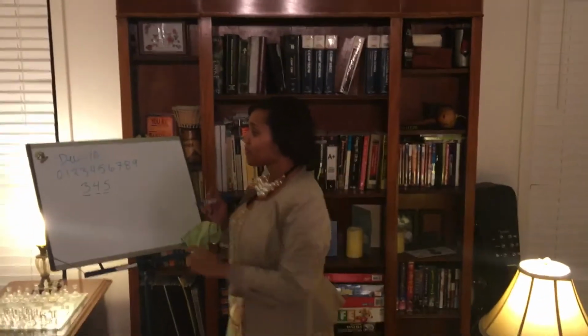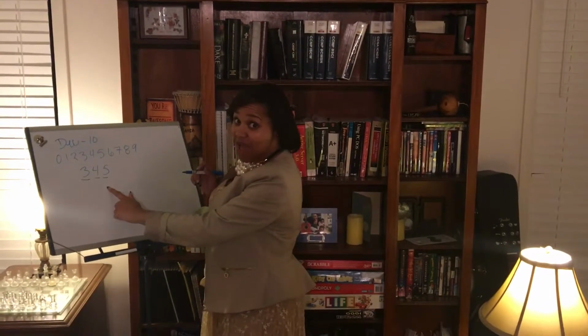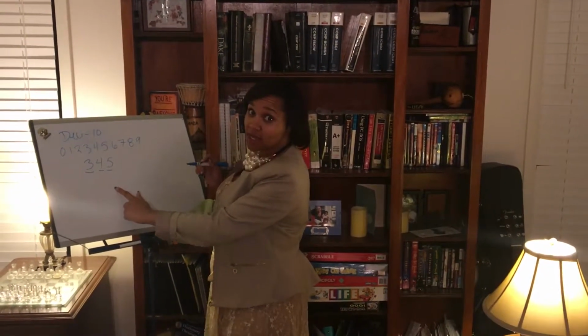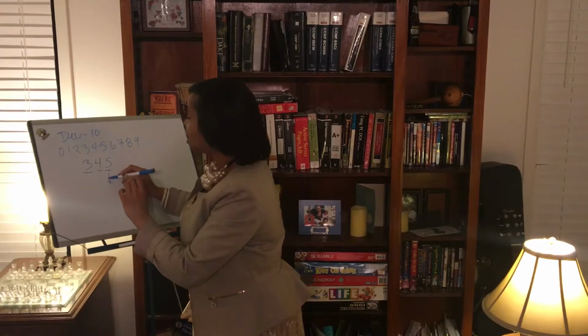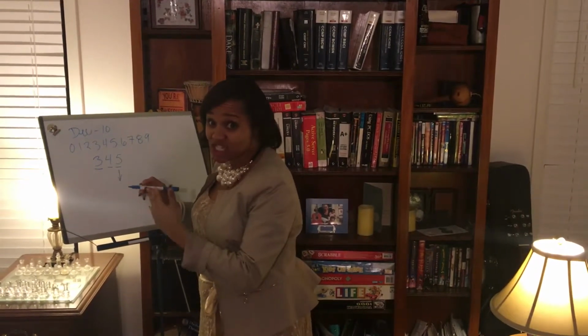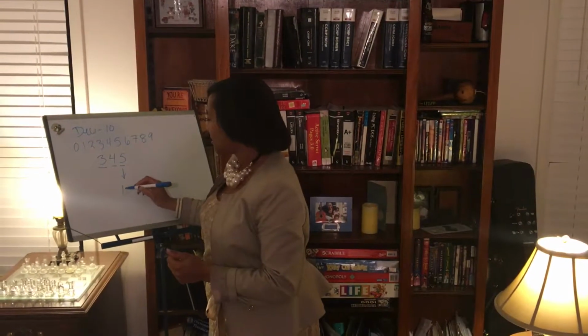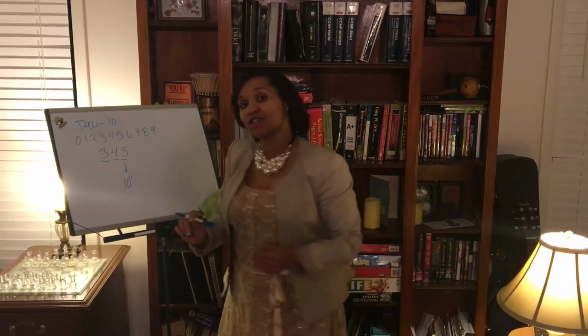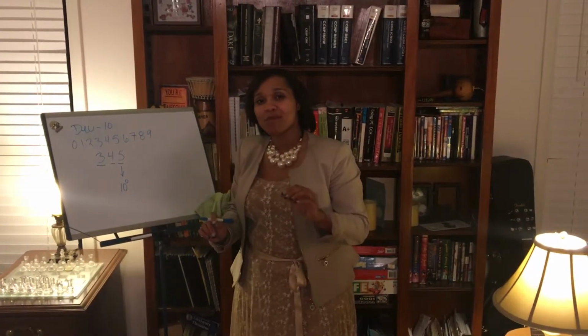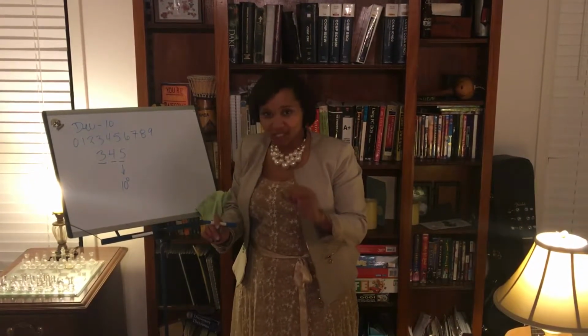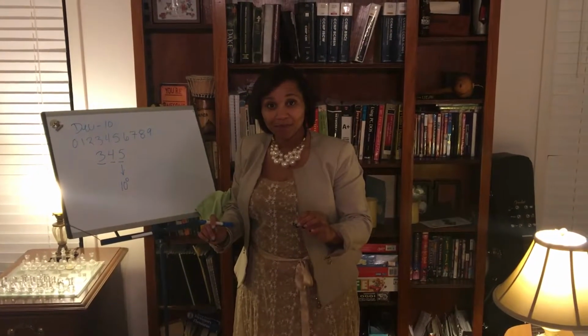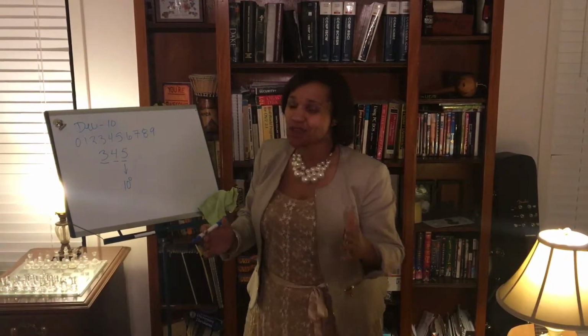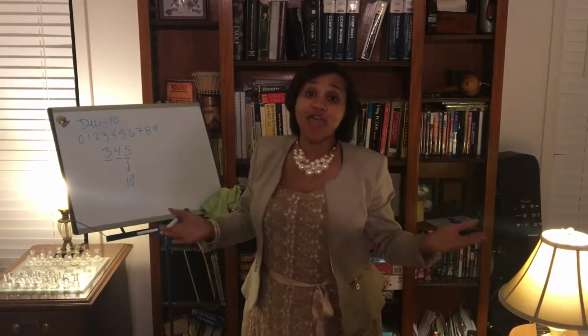It's a great foundation. This 5 is in the 1s position because it actually represents 10 to the 0. Who can tell me what any number to the 0th power equals? If you said 1, you're absolutely correct. I don't care if I have 1 million.